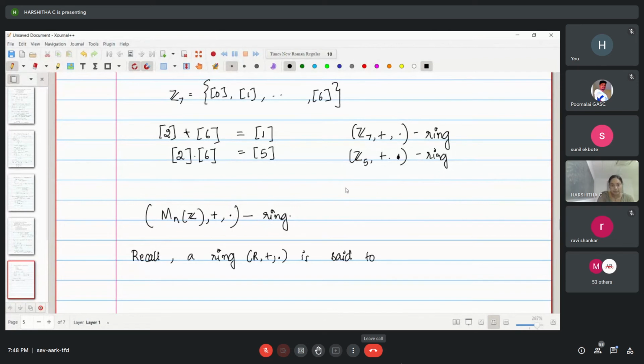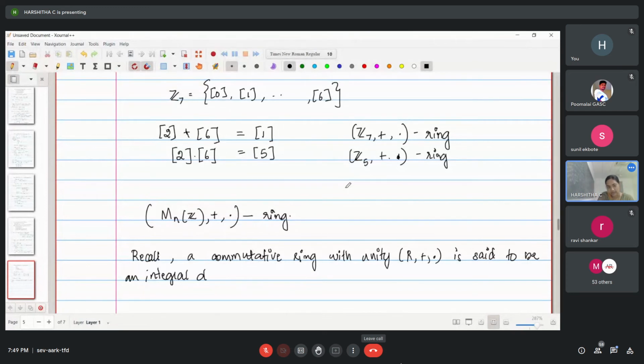So a commutative ring with unity is said to be an integral domain if it does not have any zero divisors.